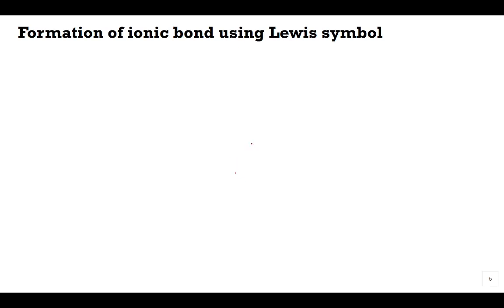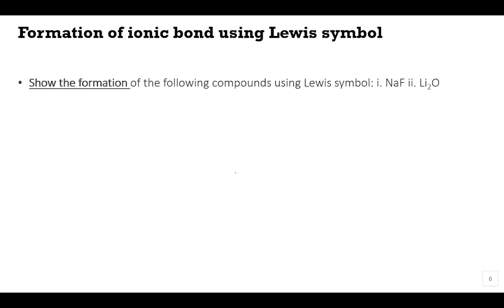So how to draw ionic bond using Lewis dot symbol? For example, this is an example of a question. Show the formation of the following compounds using Lewis symbol. There are two questions here: sodium fluoride and lithium oxide, Li2O. So the first one, sodium fluoride.